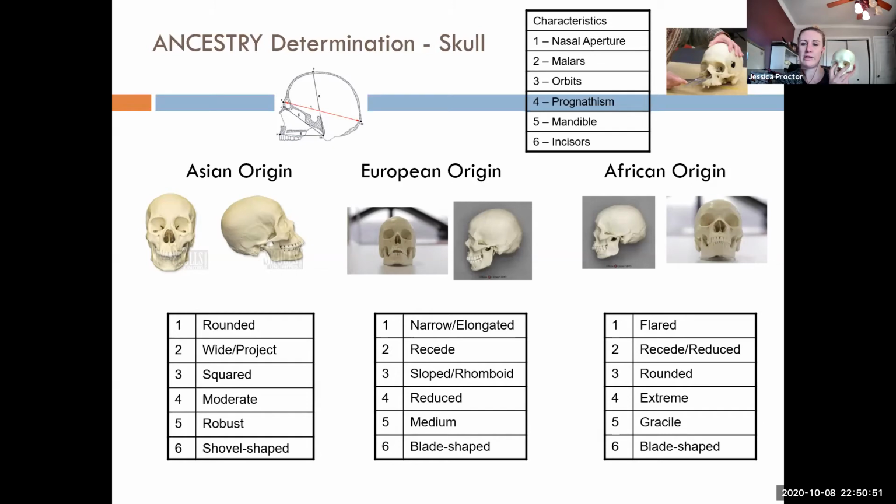So your equation for cranial index is cranial breadth multiplied by 100 divided by cranial length. And then there's a chart that will tell you, depending upon your number, whether that human is more likely Asian, European, or African ancestry.